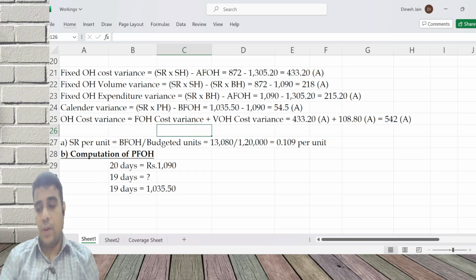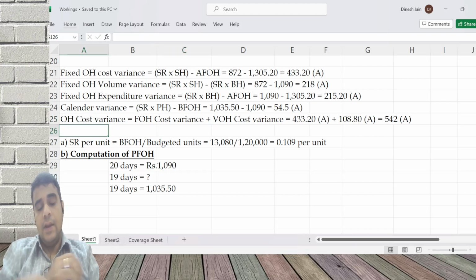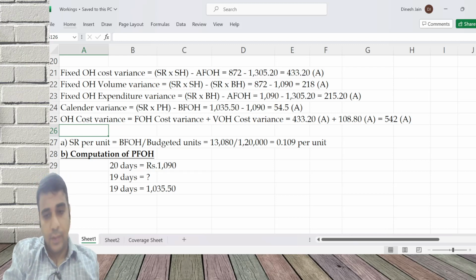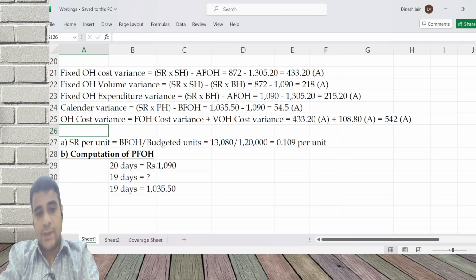That is the overall cost variance: FOH cost variance plus the VOH cost variance. Put together, it is 542 adverse.